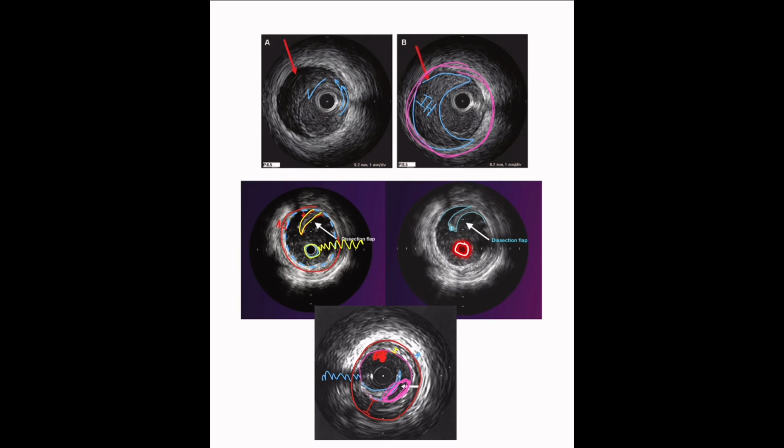Or, okay, I see the catheter, I see the lumen, I know the intima is out here, why is the intima in the lumen? The only way that would happen is if something went behind here and created this dissection. Adventitia is out here.